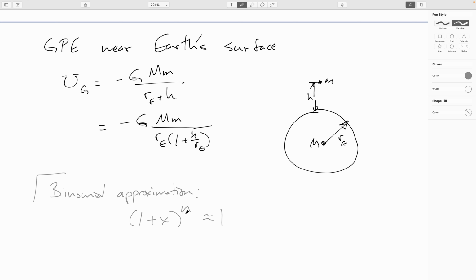Now there will be n of those cross terms, so this ends up being 1 plus nx. And then if you were to keep that up, you would get n times n minus 1 times x squared plus and so forth, and you fill out Pascal's triangle. Now the trick here is we say if x is really small, we can approximate this by just the first two terms, the 1 and the nx. So this is if x is a lot less than 1.